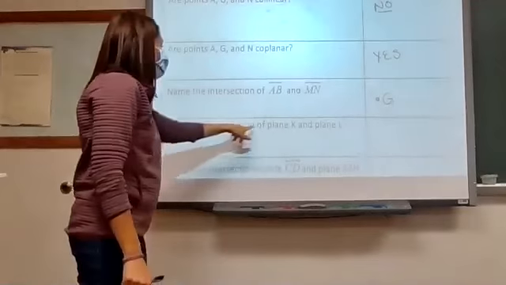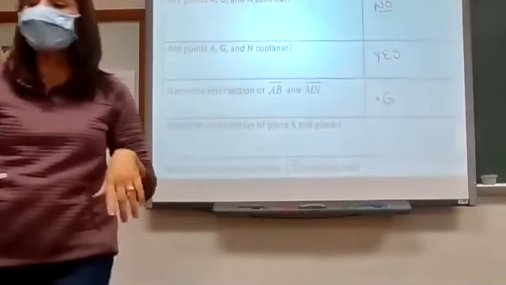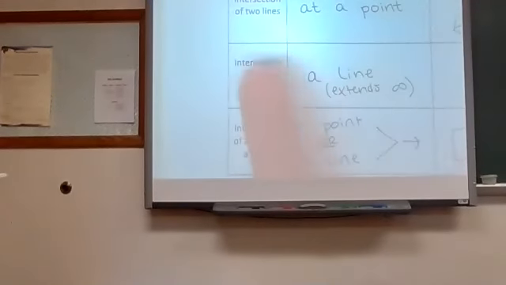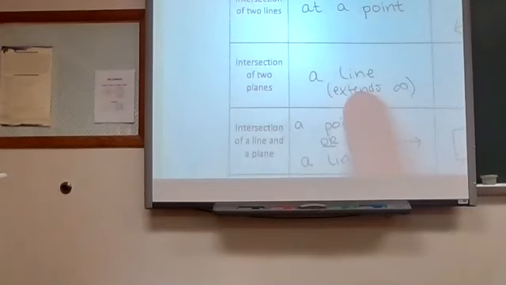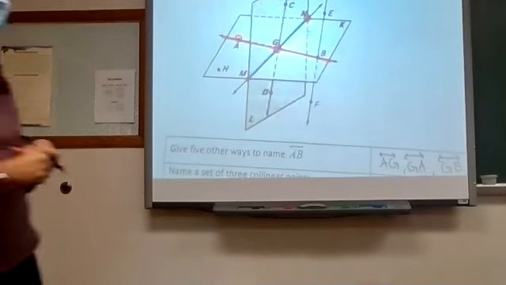The answer to the intersection of a plane and a plane, again, if I use my notes here, two planes intersect at a line. So I know my answer should be a line. It says, where do the two planes intersect?